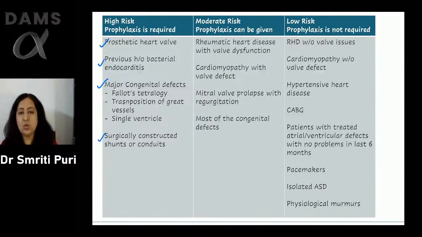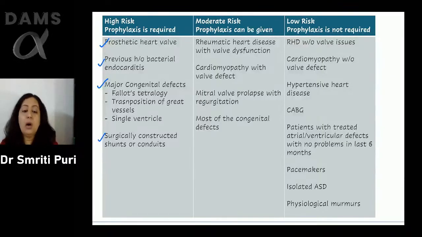Such patients who have surgically constructed shunts or conduits like an AV shunt, in those patients also prophylaxis is very important because they fall in the high risk category.